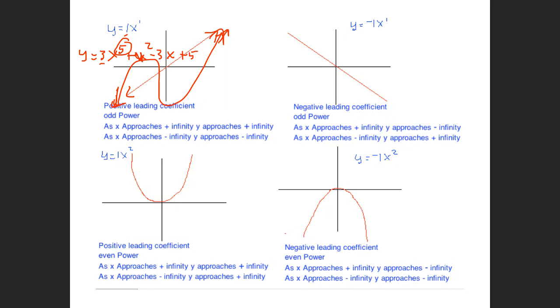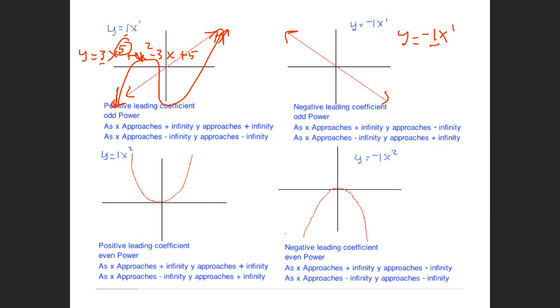If we have y equals negative 1x, that is a linear function, and it looks like this. All functions that have a negative leading coefficient and an odd power, the end behavior will always look like this.